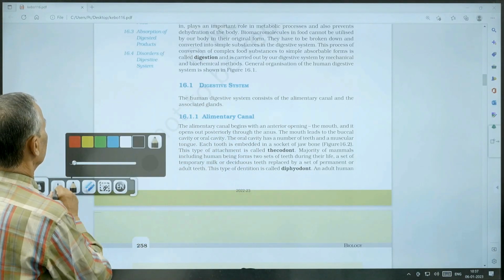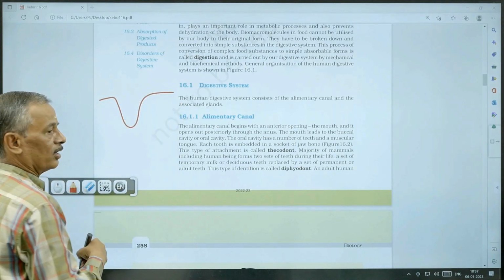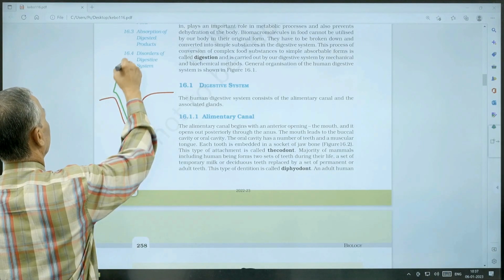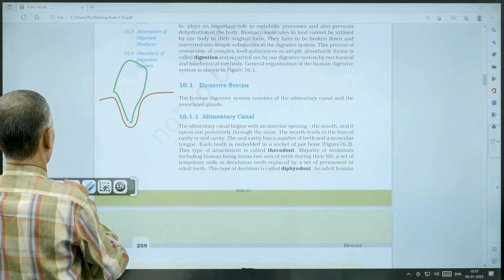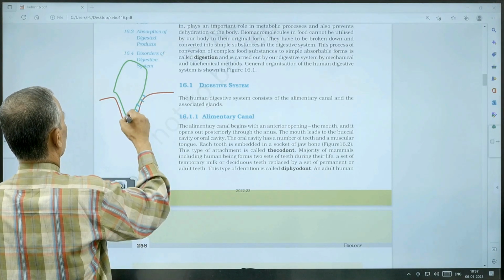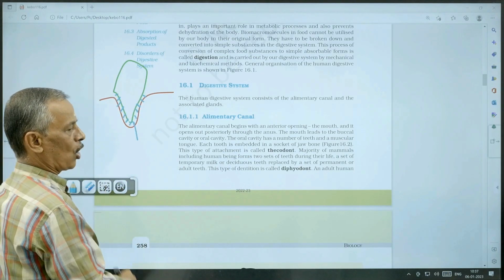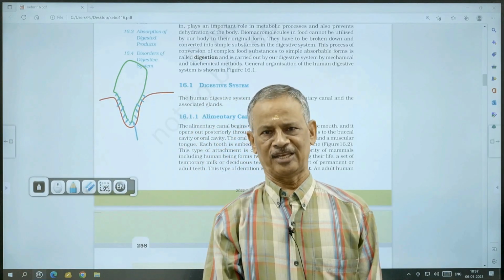In the jaws, you are having sockets. Inside these sockets, you are having the teeth placed. They are all fixed there, strongly cemented there. So this is called thecodont.